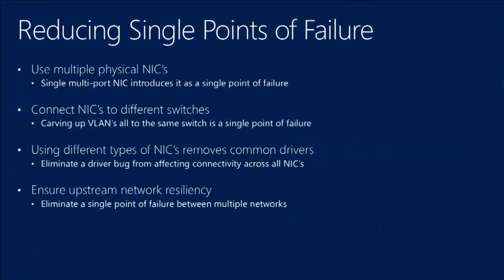So in terms of reducing single points of failure at a high level, have more than one NIC. Ensure those NICs are configured on two different subnets. If you are configuring them on the same subnet, then it's best recommended to have NIC teaming.